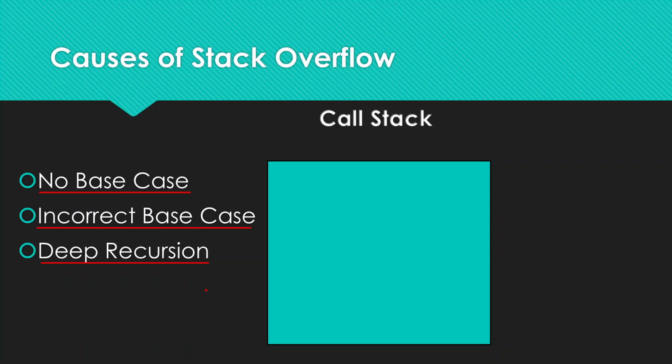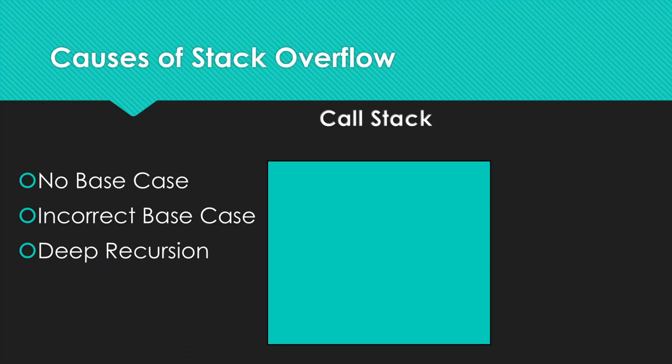So if it goes beyond that, then it throws you an error. So when you have a deep recursion, it means that you are giving your recursive function a very large input, and therefore it has to do so many loops, maybe 10,000, maybe 1,000, maybe 1,000,000. So if you do that, you're going to have stack overflow.